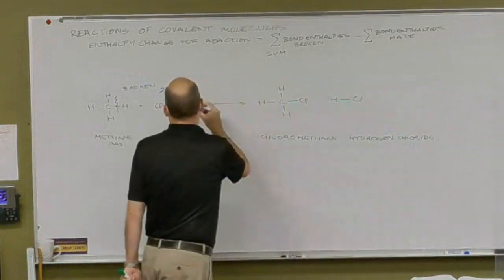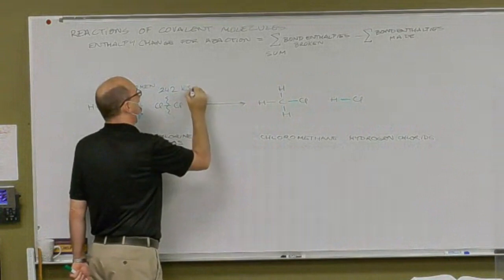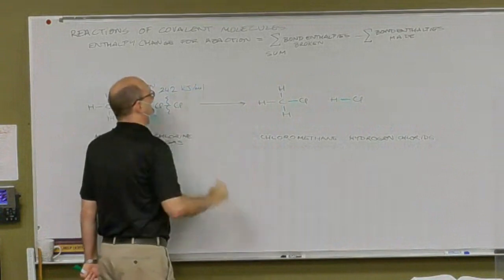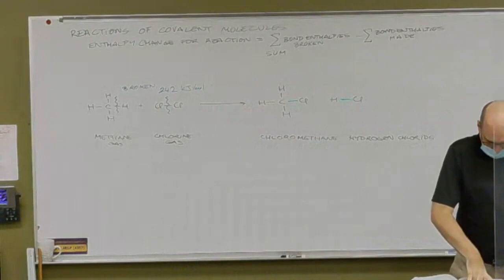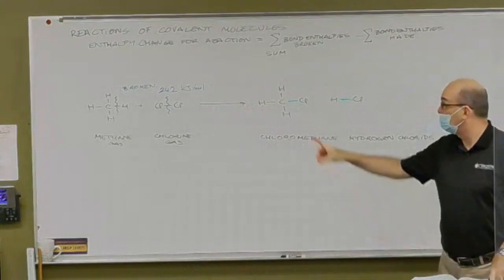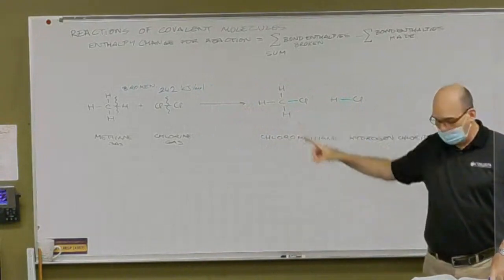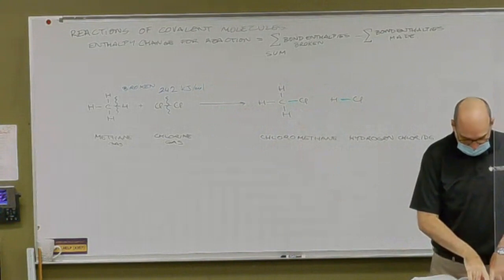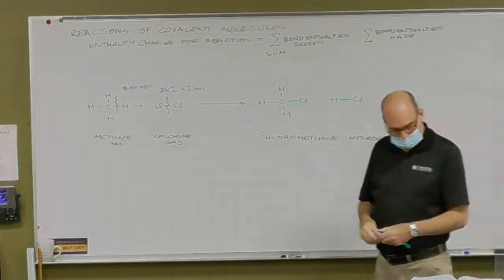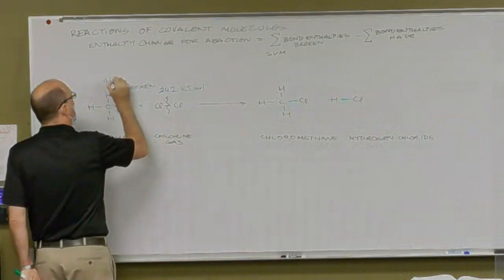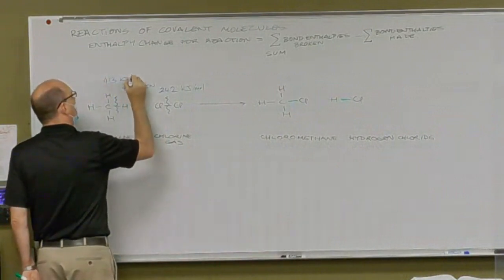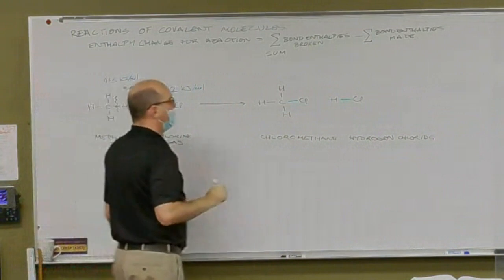There you go. I also have to look up the carbon to hydrogen. That's the other bond that I've broken. A carbon to hydrogen bond is worth 413 kilojoules per mole.